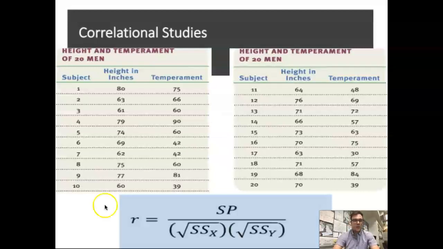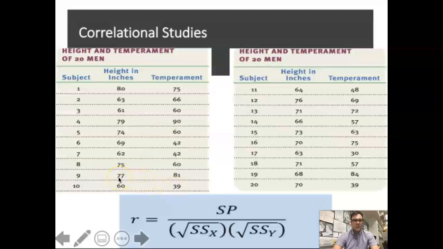As you can see here, participant 1, his height is 80 inches, his temperament is 75. Then we could look at something a bit lower, like participant number 10, 60 inches and 39.